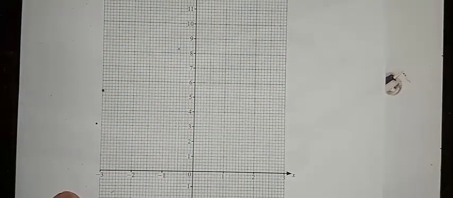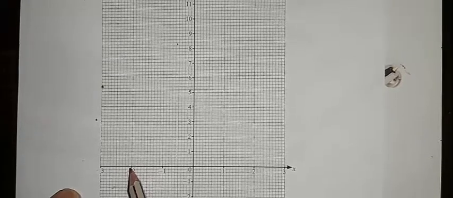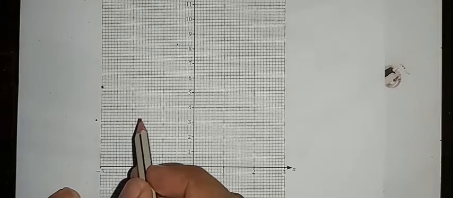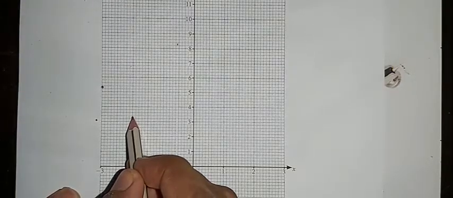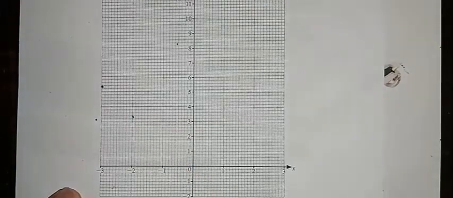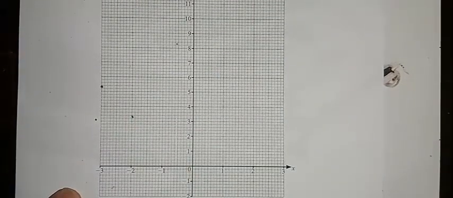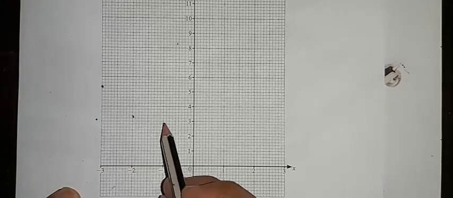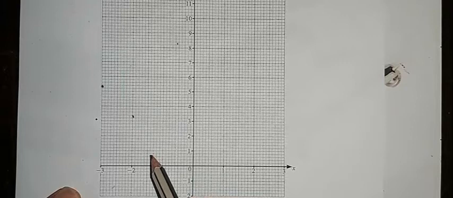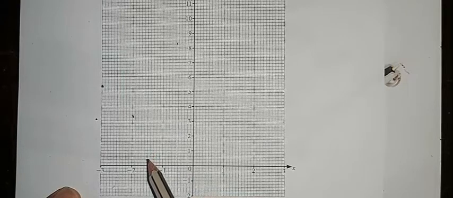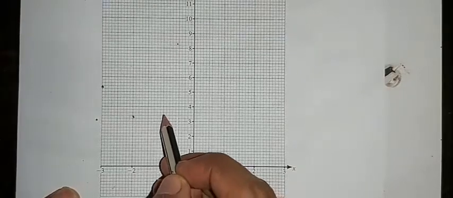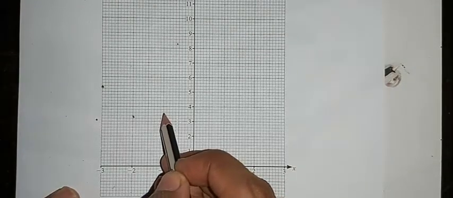And the next point, minus 2 and 3.3, here is minus 2, 3.3 will be here. The next point, minus 1 and 3.5, this is minus 1, 3.5 is here.